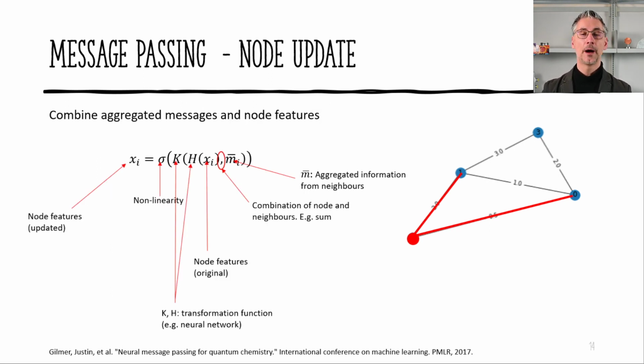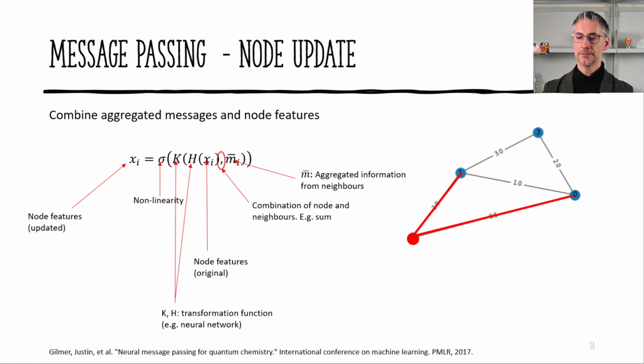Now we need to combine all these aggregated messages in node features, and essentially this is another neural network. You can see that the formula looks quite complex, but it goes back to the principle of building neural network nodes. So sigma again is our transfer function, the nonlinearity. We have the original node features.